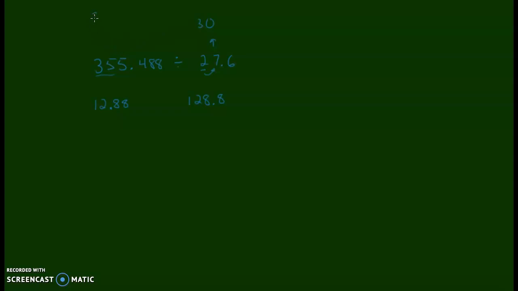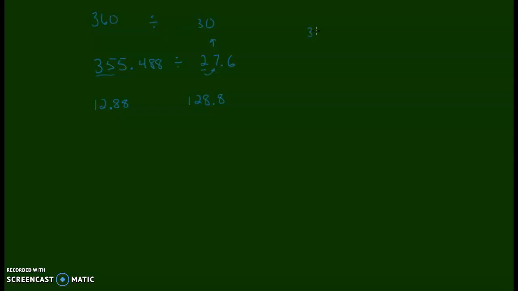So I could think of this as 360. Or I could even drop this down and think of it as 300. But for this particular one, I'm going to stay with 36. So I'm going to have 36 divided, or excuse me, 360 divided by 30. That's my estimate.